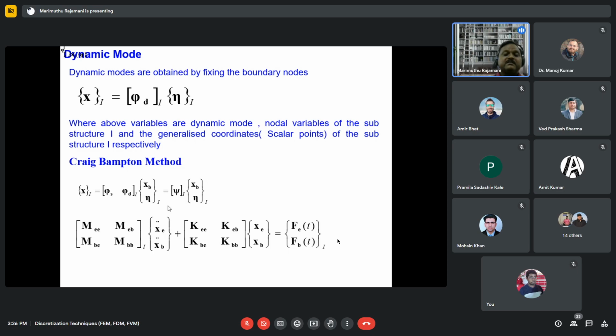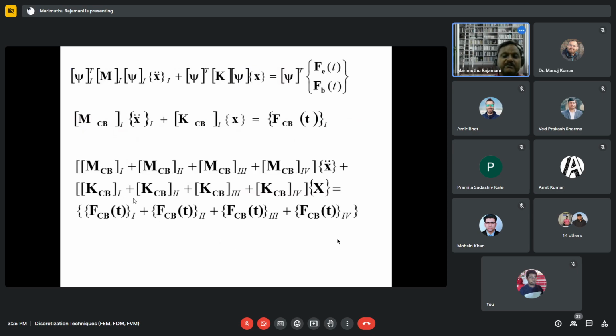This is being used now in our applications where we have satellite modeling. Satellite modeling is done at the Bangalore Satellite Application Center.